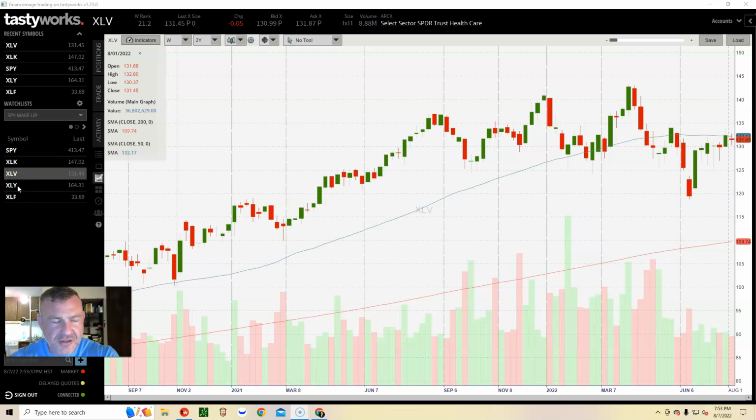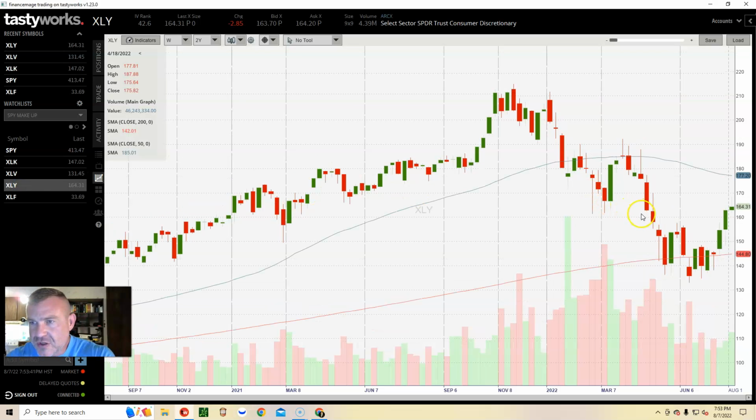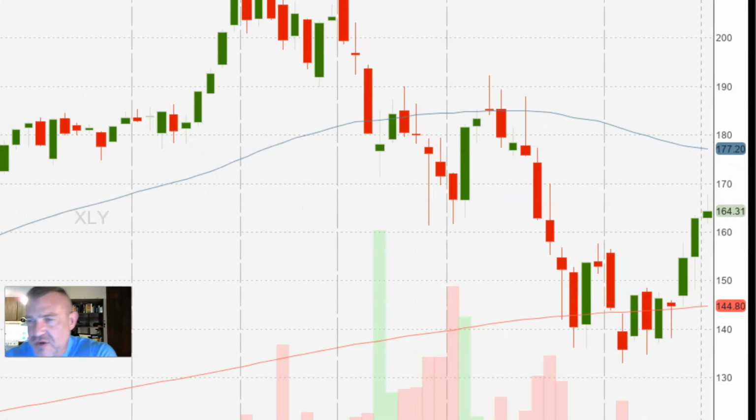Let's look at consumer discretionary. Looks like we're running out of steam, my friends. Now again, we see that wick on the top. Sellers pushed the prices all the way down here. Buyers tried to bring it up.